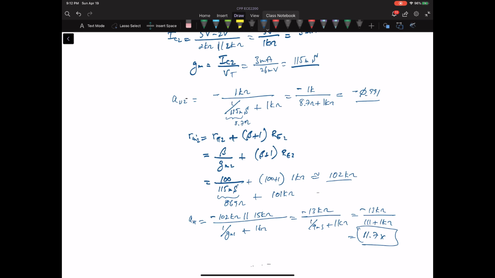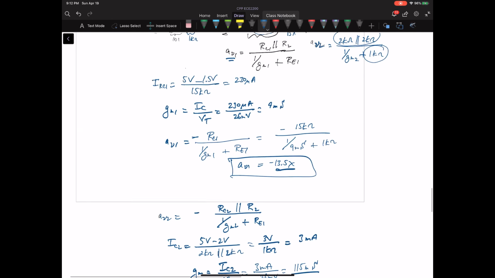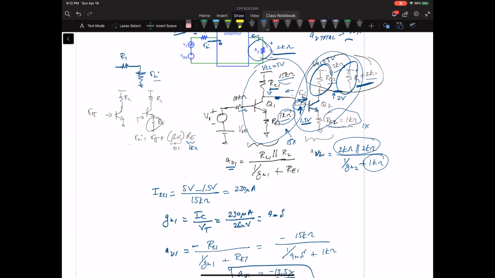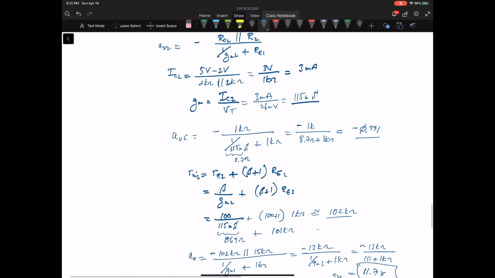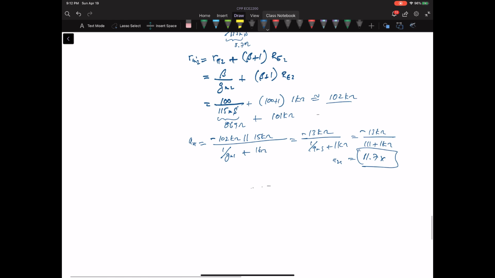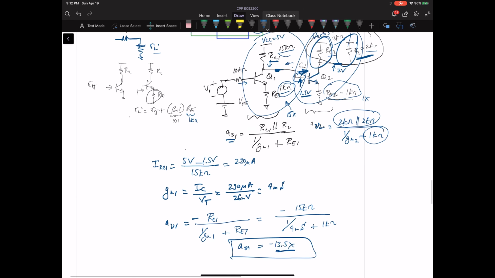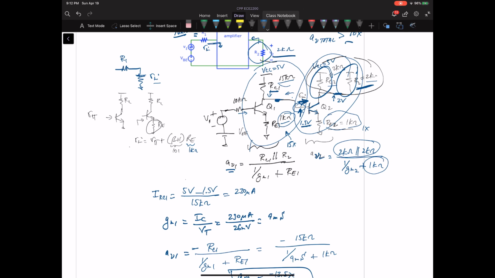This is the gain of the first stage after we checked what the input resistance of the second stage was. So that's good. We went from 13.5 to 11.7, but we're still over 10. So that's the gain of these two guys driving the loads and driving each other. The last thing we want to check is, does this screw anything up?